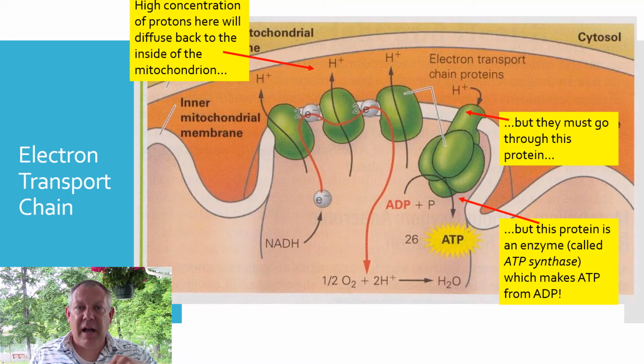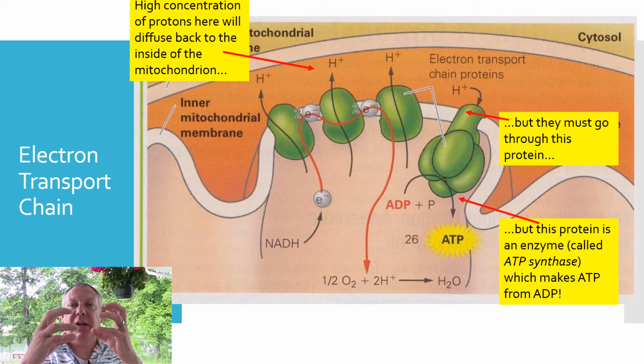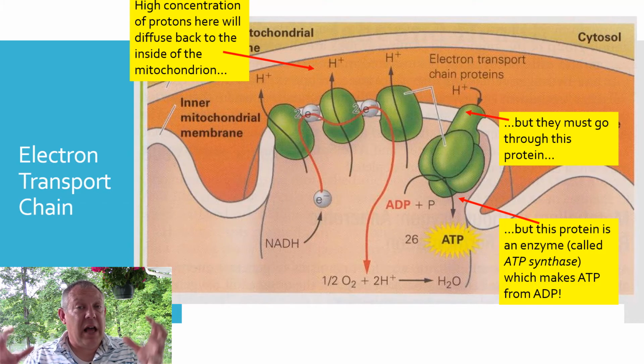Now this is an enzyme that's not just there to make a hole for protons, it's there to take an ADP and a phosphate and glom them together to make an ATP. Now you remember we said that takes a lot of energy to do that. Where's it getting that energy?